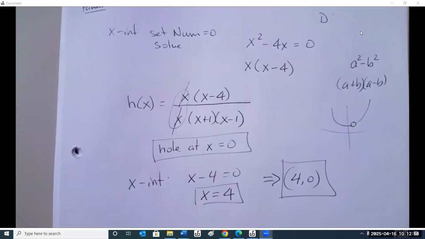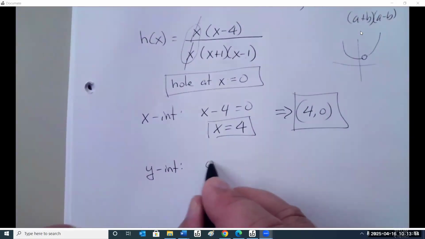What's our y-intercept? Yes, x equals 0.